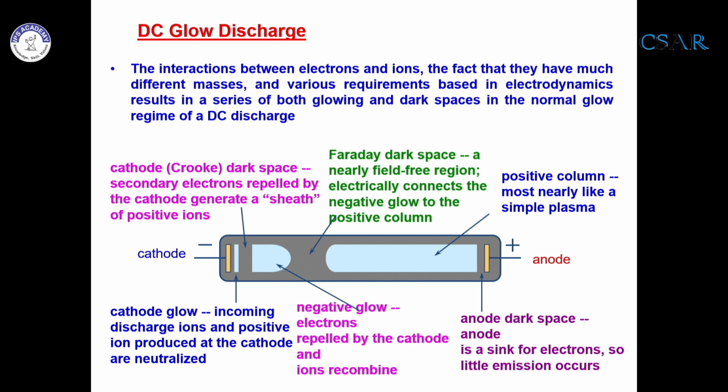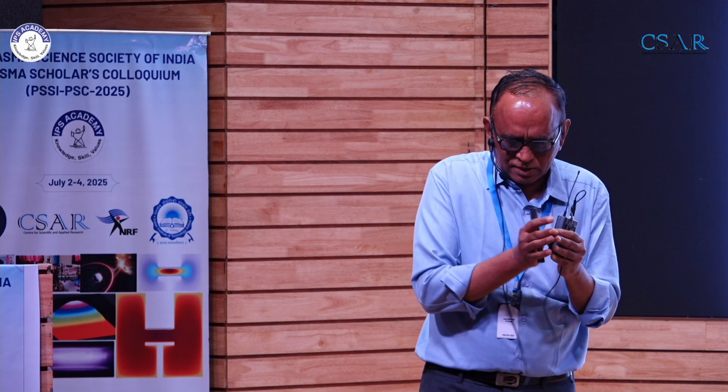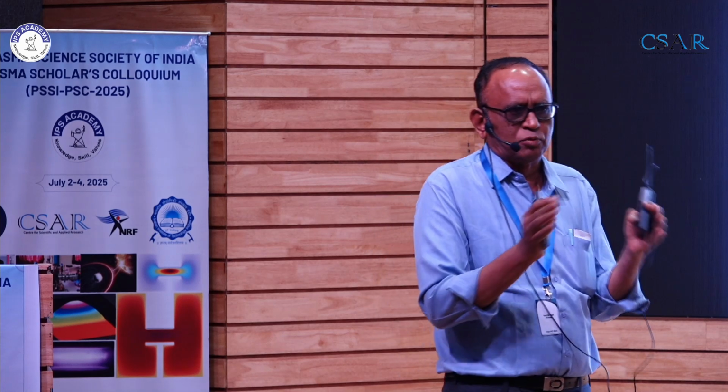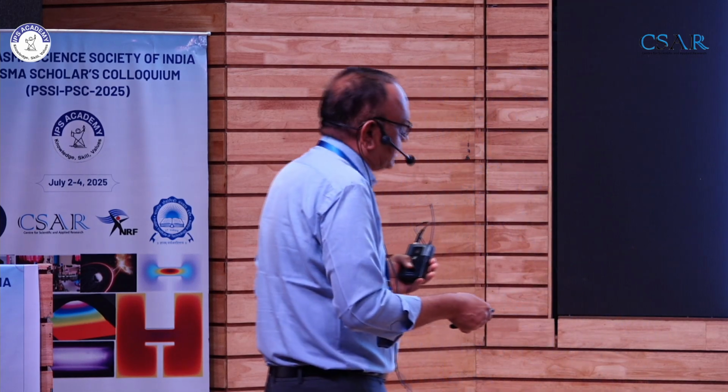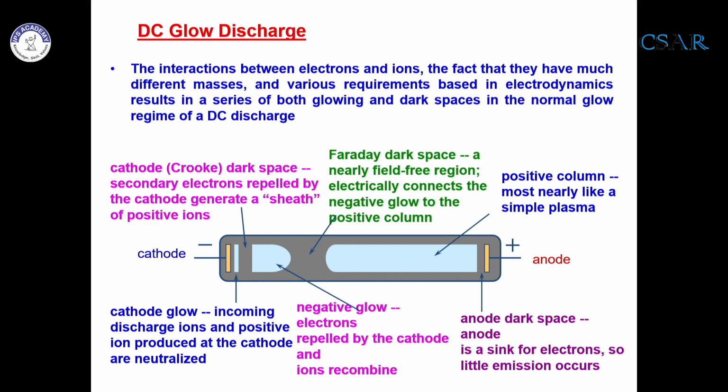Now, again, in the DC plasma that is generated, the two species move towards their respective electrodes with different mobilities and interact with the medium, and then all kinds of different discharge regions are formed between the 2 electrodes. Starting from the cathode, there are dark spaces, the cathode glow, then again a cathode dark space, then a negative glow discharge, the Faraday dark space, a long region that is the plasma column, then the anode dark space, and then the anode.